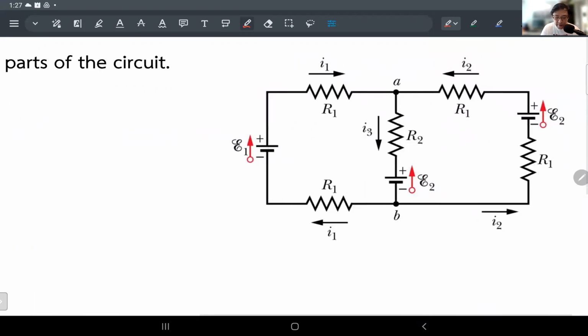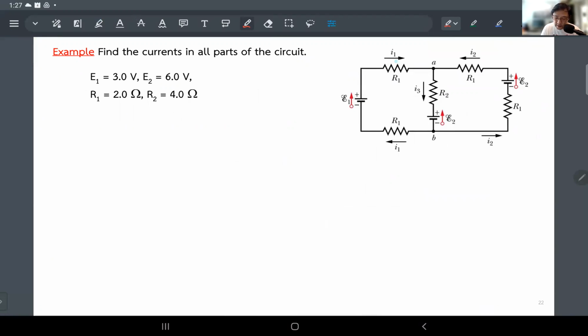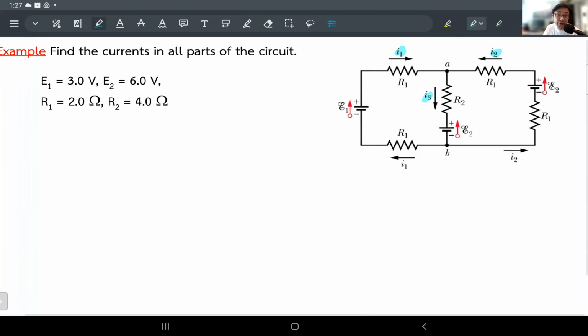Figure out the current through all of these parts of the circuit. When you look at this one, the series and parallel connections don't help. It does nothing because it's all over the place. And here comes how it's done with Kirchhoff's rules.